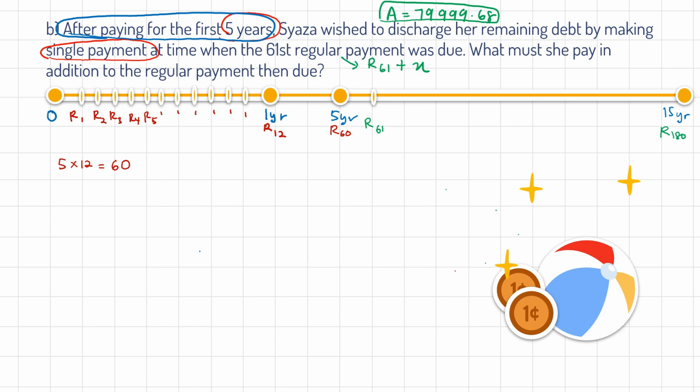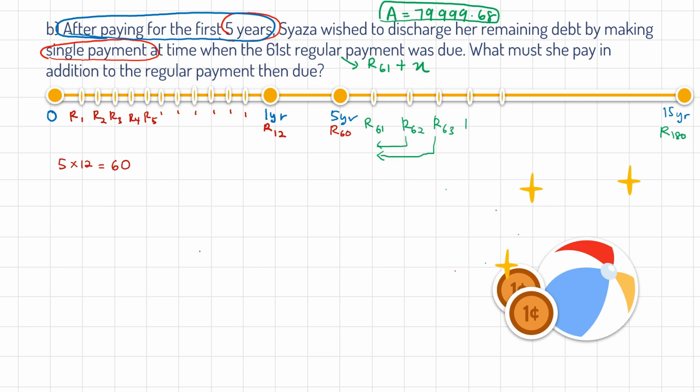So what it means by the plan, we will have the picture like this. After R61, it will be R62, followed by R63. It means that we need to calculate some amount of money to be settled at R61 in order to achieve her dream.